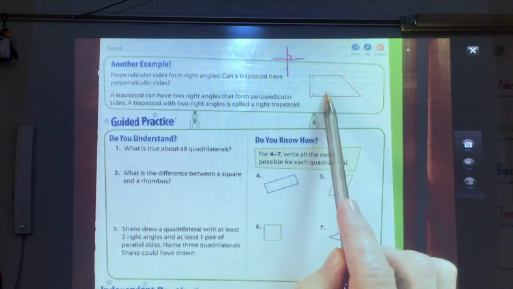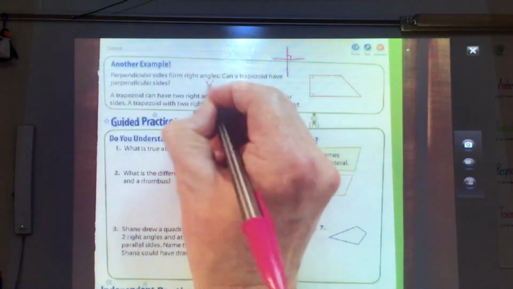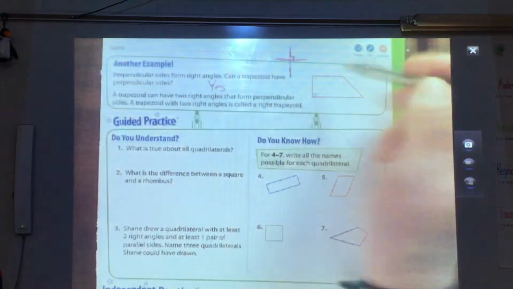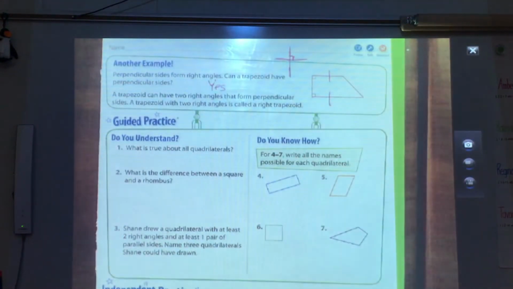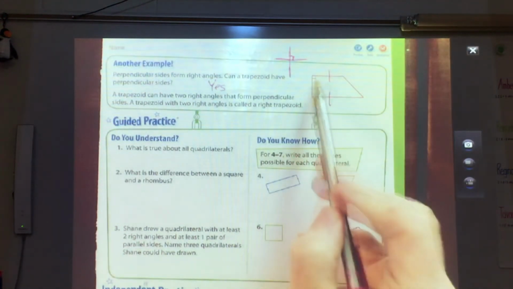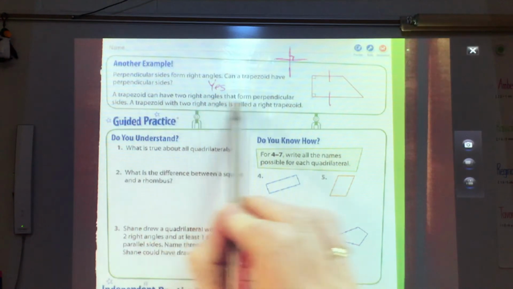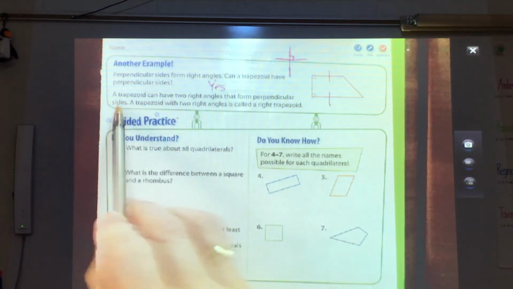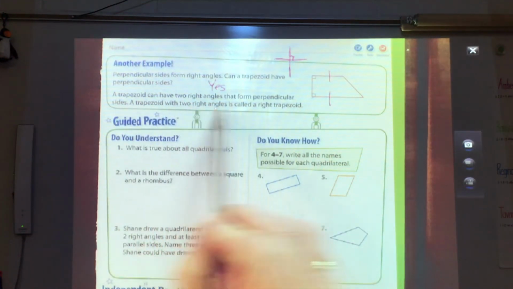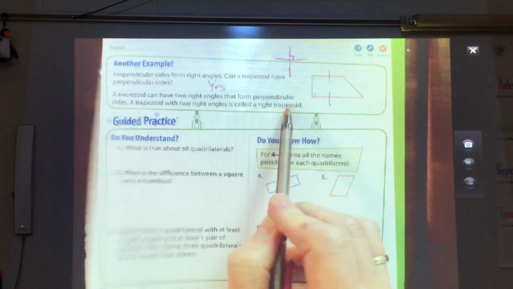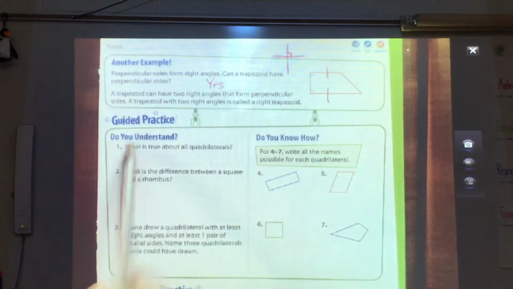Well, looking at the example, we can say yes. We know it's a trapezoid because it has a pair of parallel sides. It's 4 sides, and it also has those right angles, which if we read here, it says a trapezoid can have 2 right angles that form perpendicular sides. A trapezoid with 2 right angles is called a right trapezoid. So let's do the guided practice.